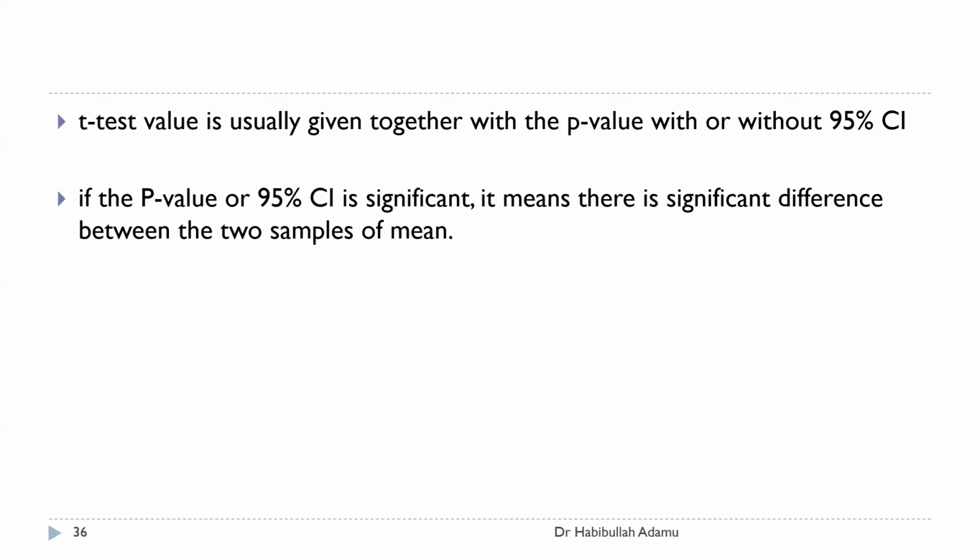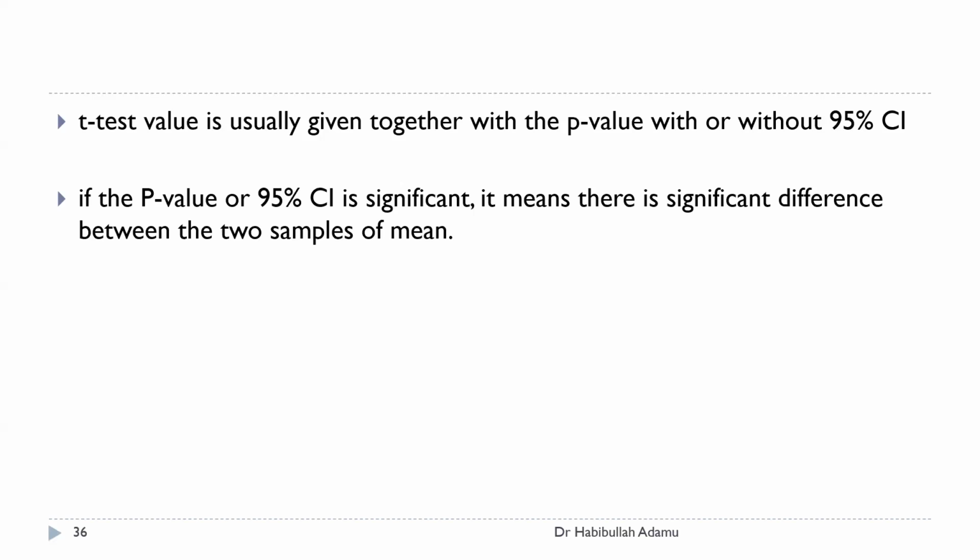So we should focus on the p-value. Is that p-value less than 0.05? If it is, then we conclude there is a statistically significant difference between the mean values. If it is not less than 0.05, we conclude there is no statistically significant difference between the two mean values.